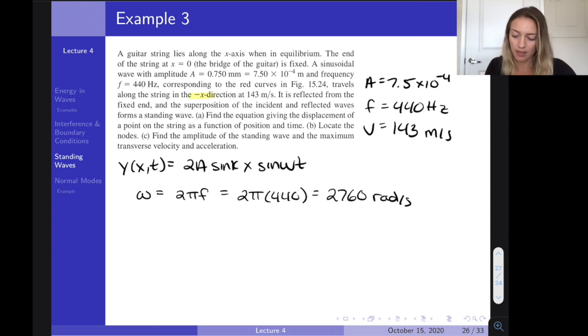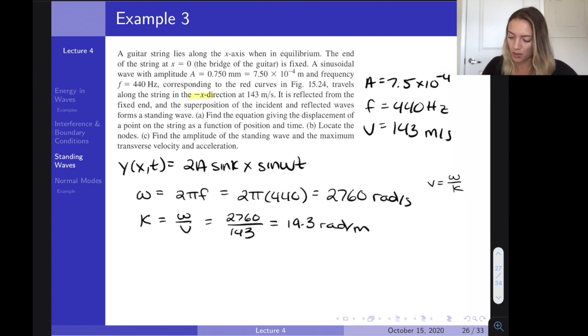Now we need to find k next. Remember that the velocity of a wave is equal to omega over k. So we can rewrite this and solve for k. We get that k is equal to omega over the velocity. Omega is 2,760, and the velocity is 143. That gives us 19.3 radians per meter.